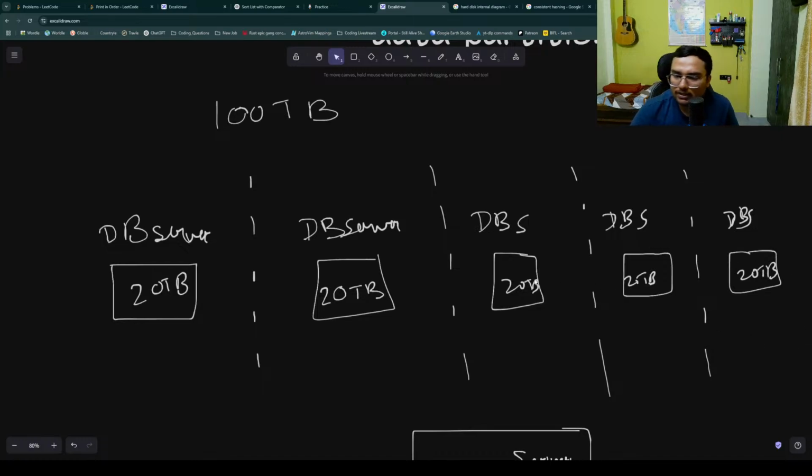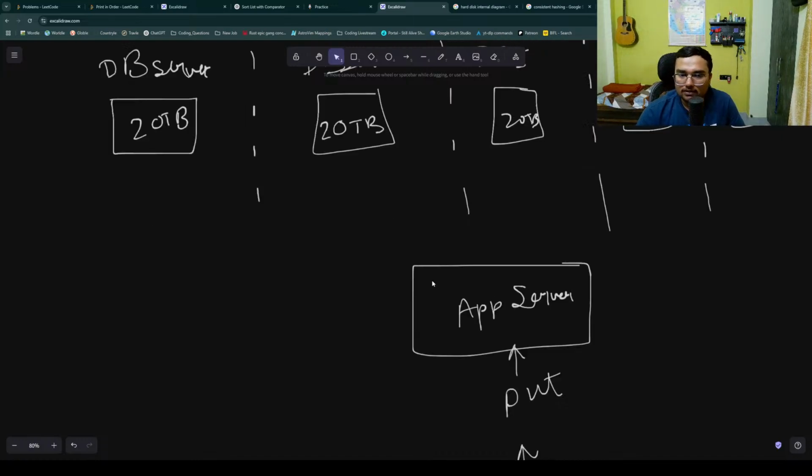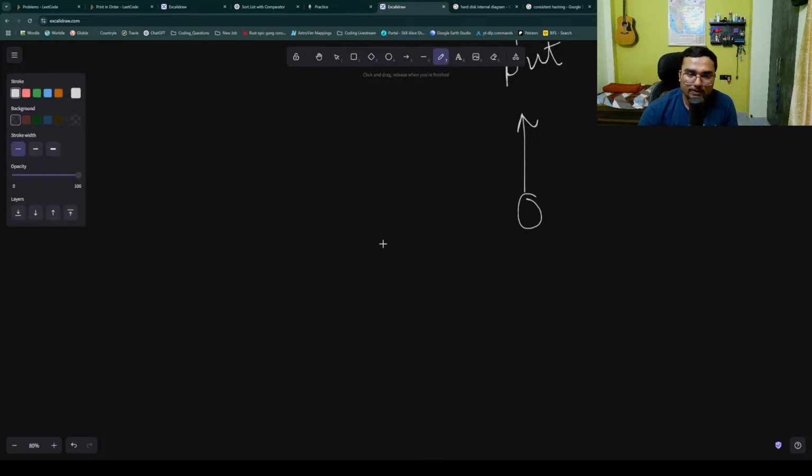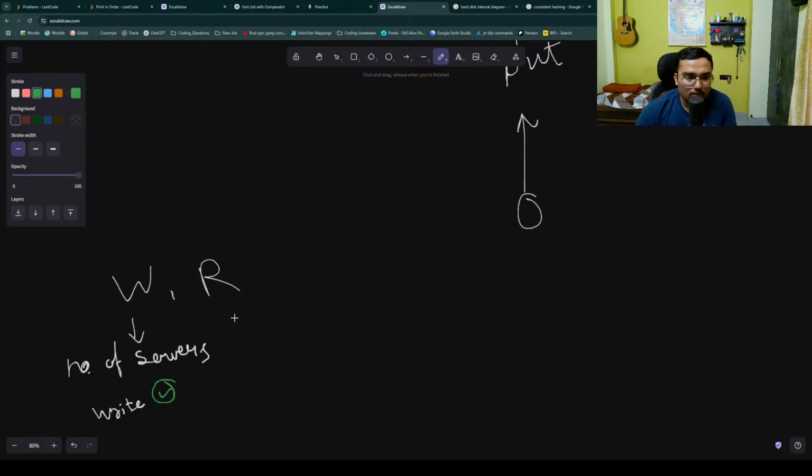So we need some sort of replication as well. With quorum, we can specify two values, W and R. These are the number of servers we need acknowledgement from to consider a write operation successful, and the same for a read operation.